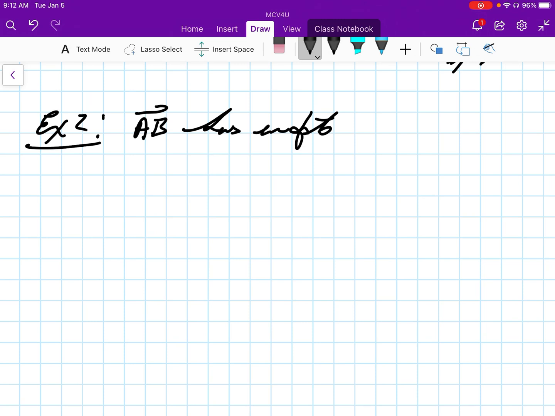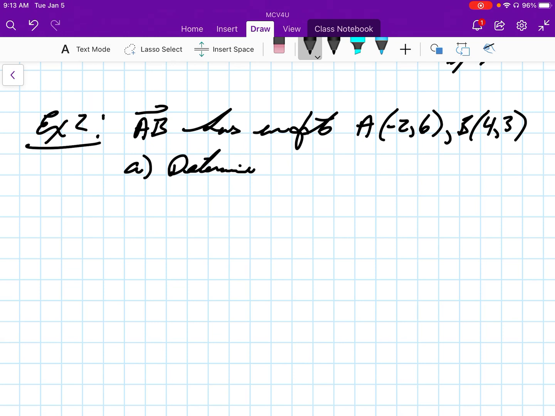Let's say A is the endpoint -2, 6, and B is 4, 3. Okay. What we're going to do is determine the vector itself, the components, or find the position vector for AB.